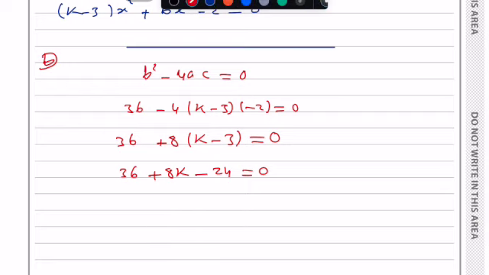So we have 8k plus 12 equals 0. So k is equal to negative 12 over 8. In simplest form, divide both of them by 4. It will be negative 3 over 2.